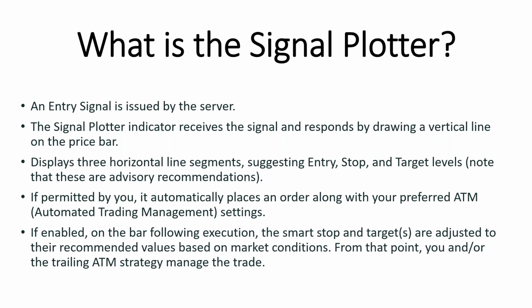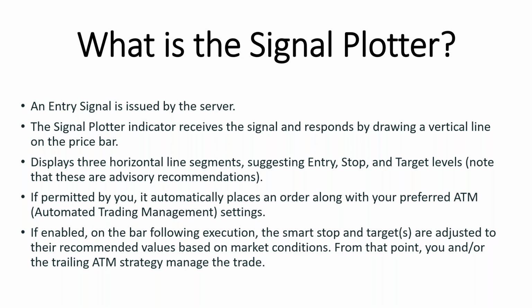In any event, what is the signal plotter? Well, it's an entry signal issued by the server, as I mentioned, and it comes in. It's an indicator. You have the indicator on your machine, and it receives the signal and responds by drawing a vertical line on the particular price bar that the signal has been generated on.